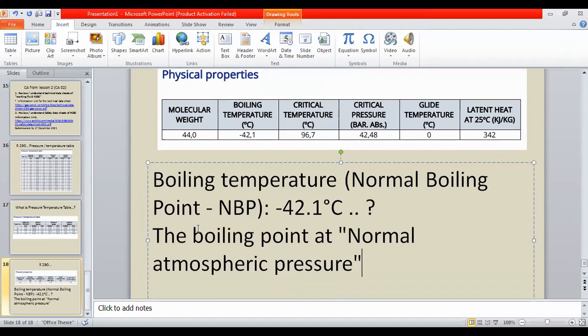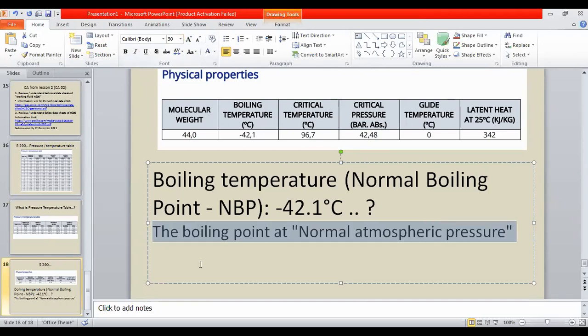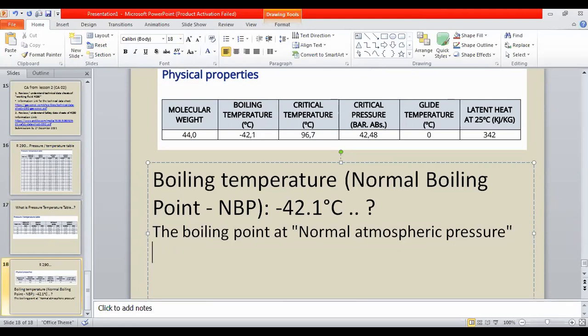Boiling point at normal atmospheric pressure. So I will give you the best example. NBP, the normal boiling point of water.